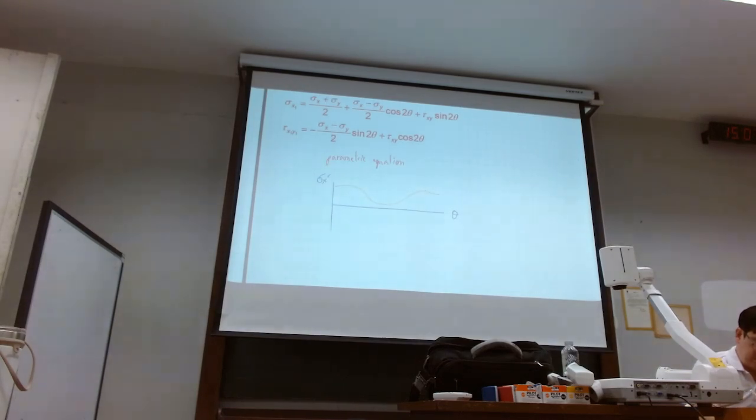And for tau x prime y prime, it's also going to be a fluctuation. But the mean of tau x prime y prime will be around 0, while the mean of sigma x prime will be sigma average.